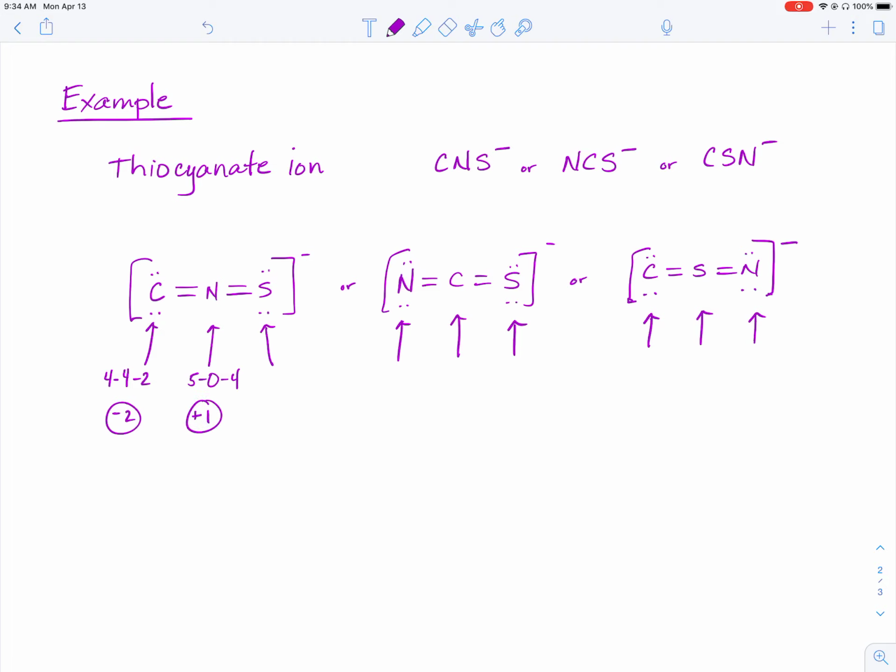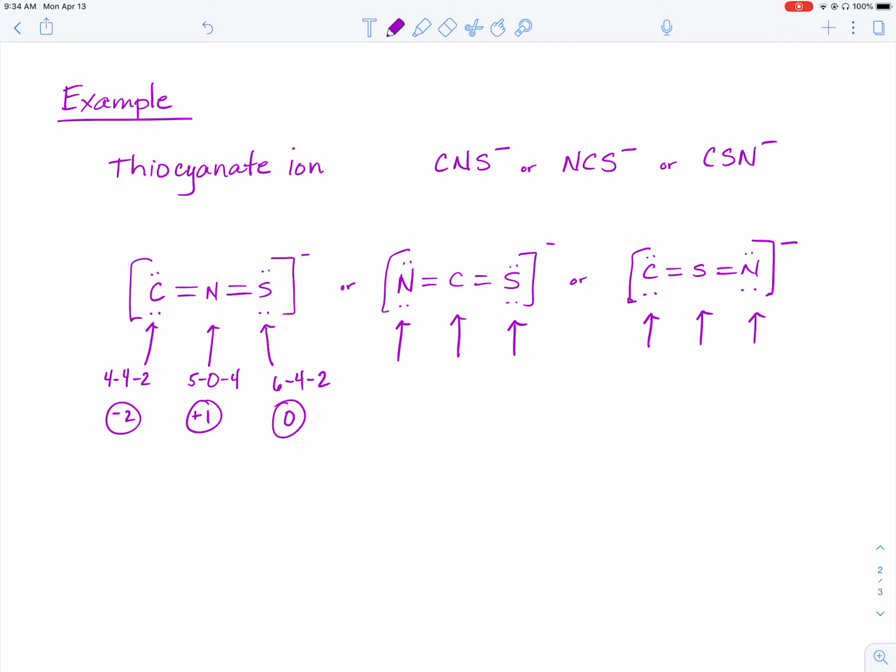All right, let's do the next one. So sulfur is number 6 valence, minus 4 lone pair electrons, and then minus 2 for its half of bonding pairs. That's going to give you a 0. Okay, so now let's go to the next structure.